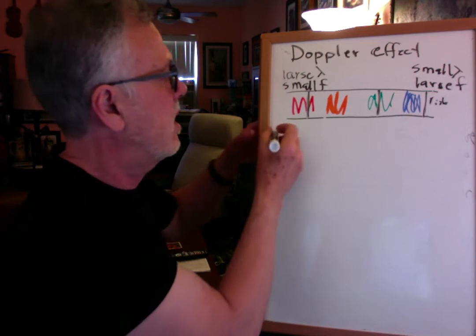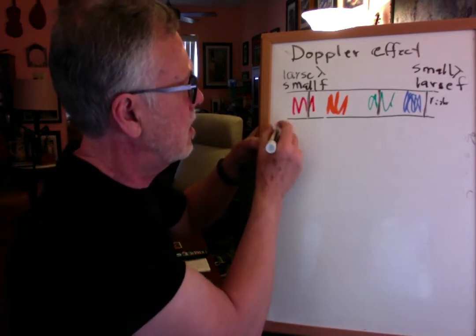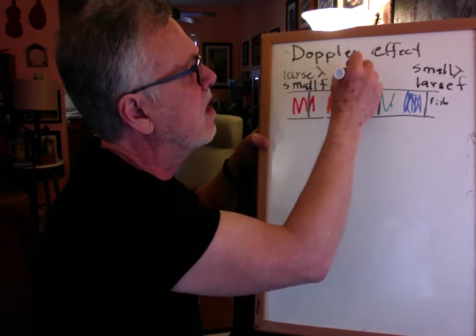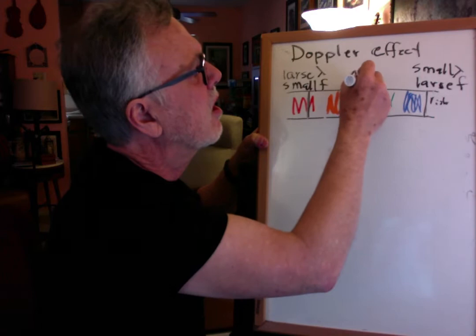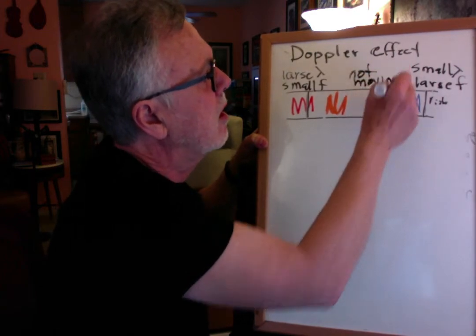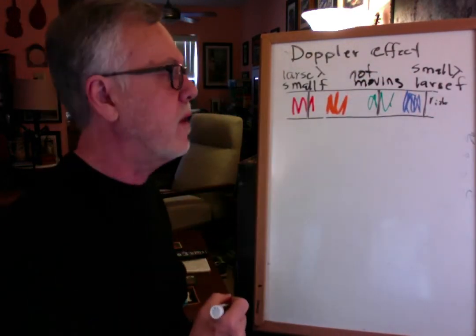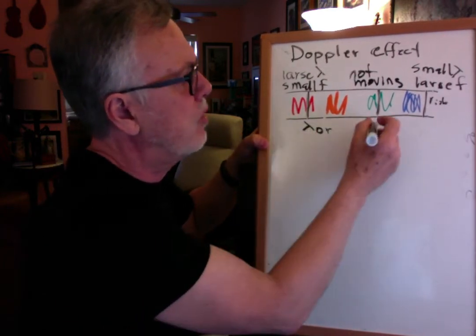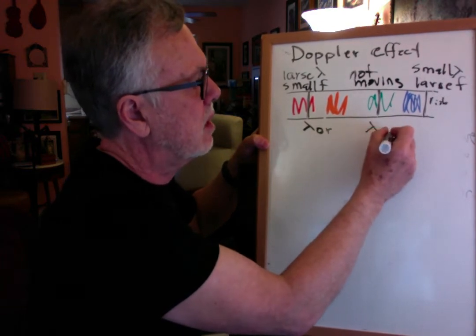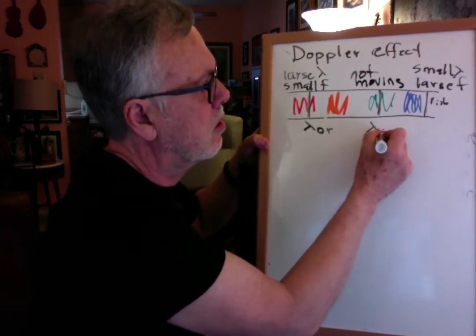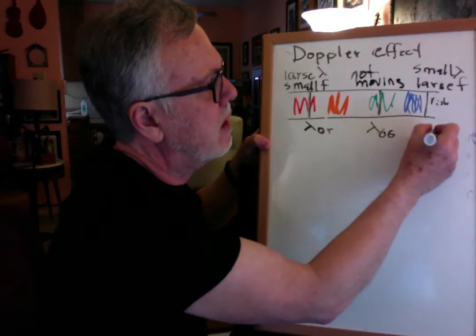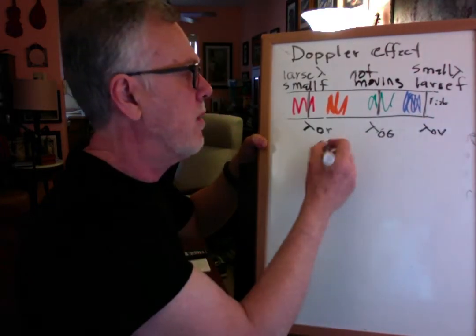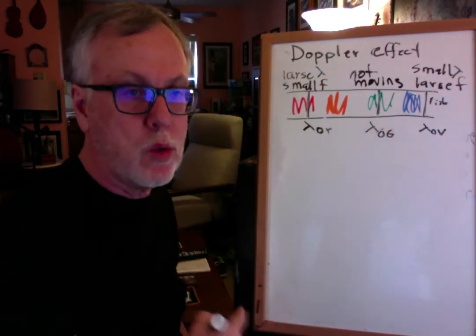So let's say that this is the star that's not moving. So this is not moving. So if I can measure the wavelength of this red and the wavelength of this green and the wavelength of this violet, well, the wavelengths would be exactly what those colors are.